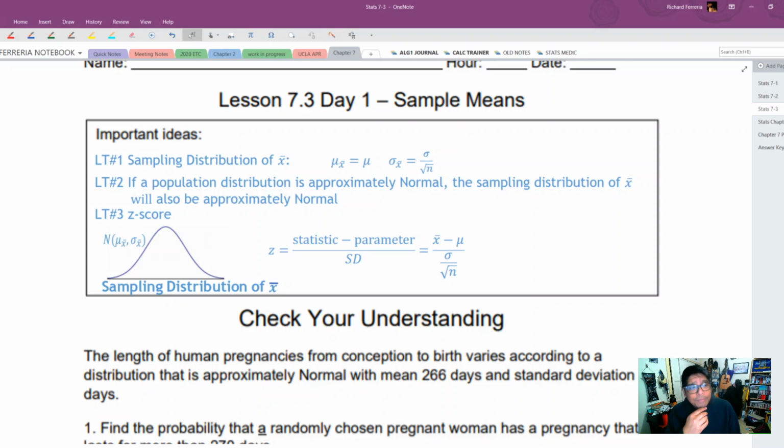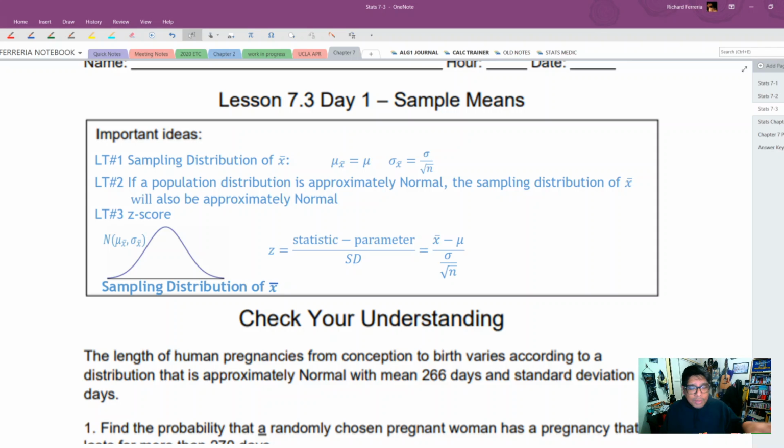But we're close. If the population that you're sampling is approximately normal, then the sampling distribution for X bar will also be approximately normal. So if we took all of the samples of size n, let's say it's 5 in this case, and we looked at the shape, let's go backwards.